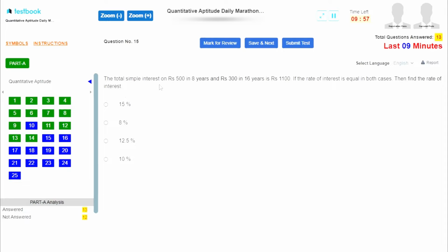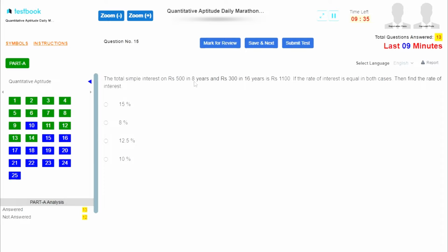The total simple interest on 500 in 8 years and 300 in 16 years is 1100. If the rate of interest is the same, find the rate of interest. Let's say it is x. 8x percent of 500 plus 16x percent of 300 is 1100.